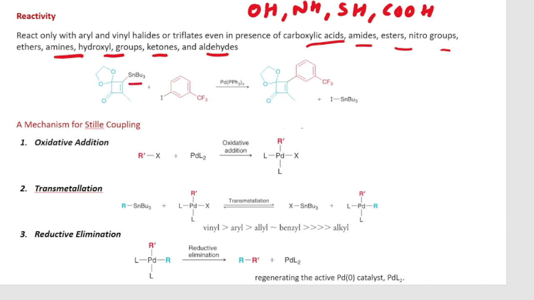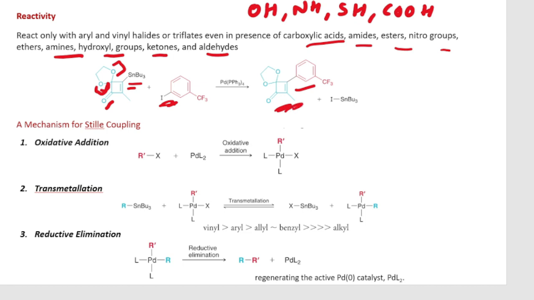Whenever this stannane moiety finds a good leaving group, it will attack there and you will get your required product. Here you can see there is a carbonyl compound and an ether type of moiety, but you are getting the product which you want.